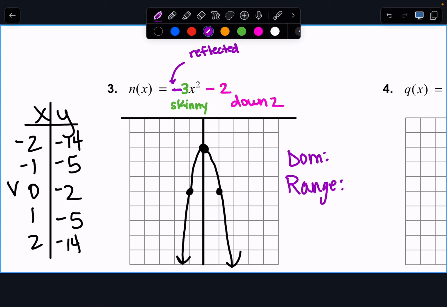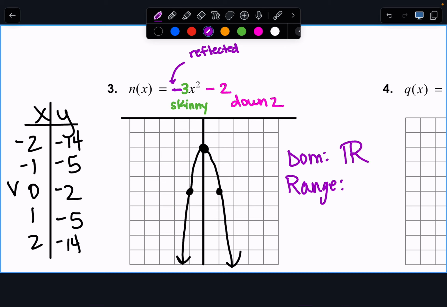I would like you to write down what you think the domain and range is. Everybody, what's the domain?